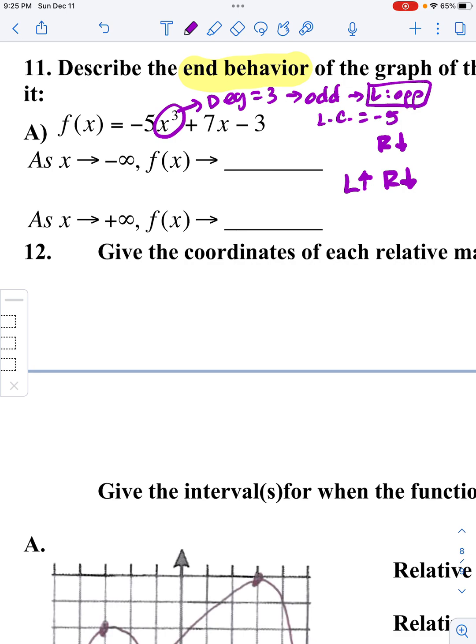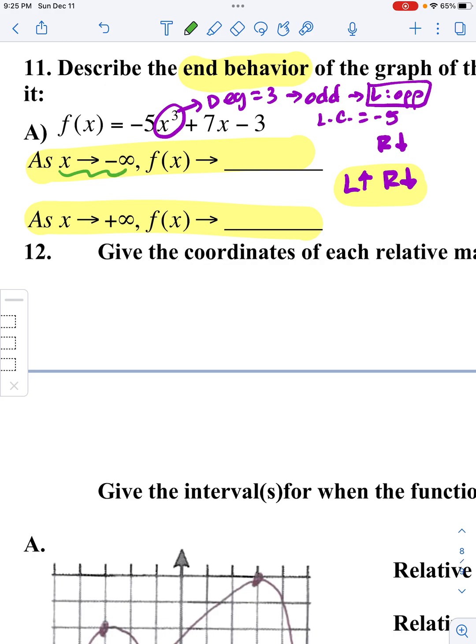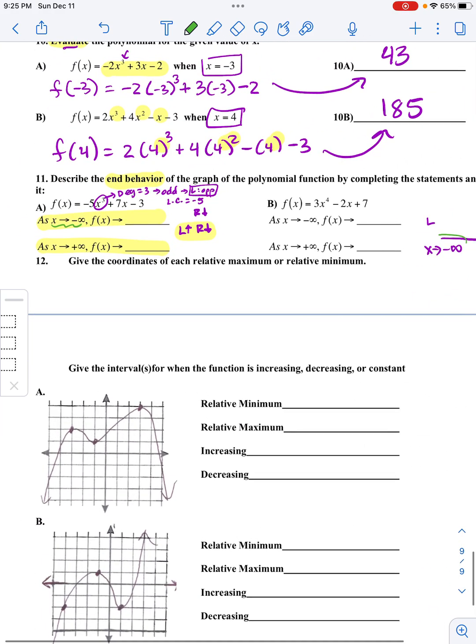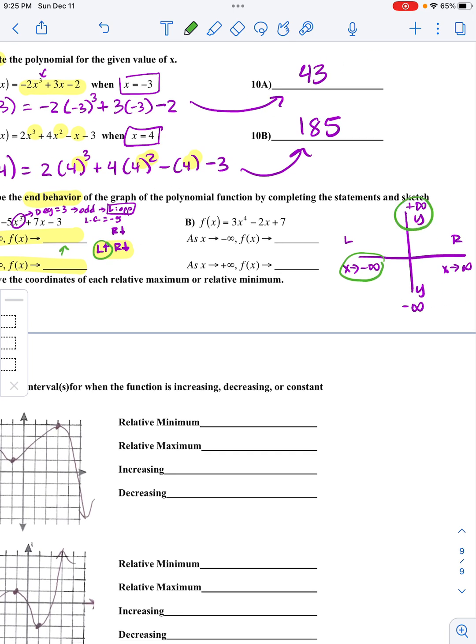So now just know that as you try to write it in this new fancy language. When it asks you to talk about x going to negative infinity, think about what that means. That's this end. X is going to negative infinity. So it's asking about the left end. The left end is going up. So how do you write up? Well, up is positive infinity.